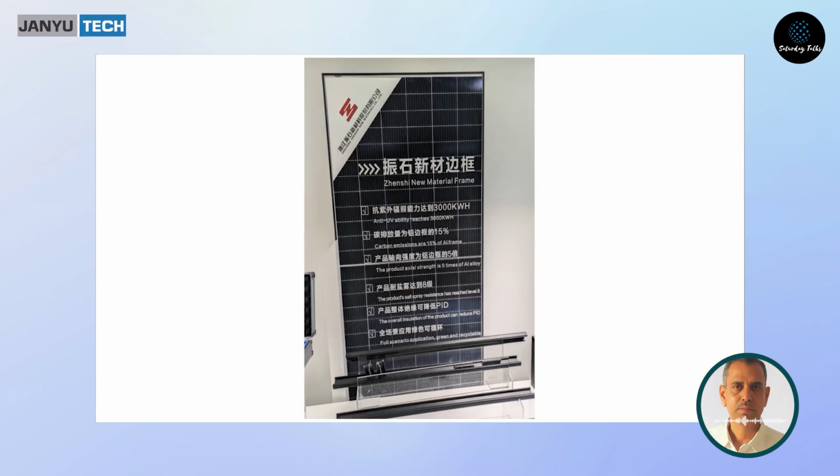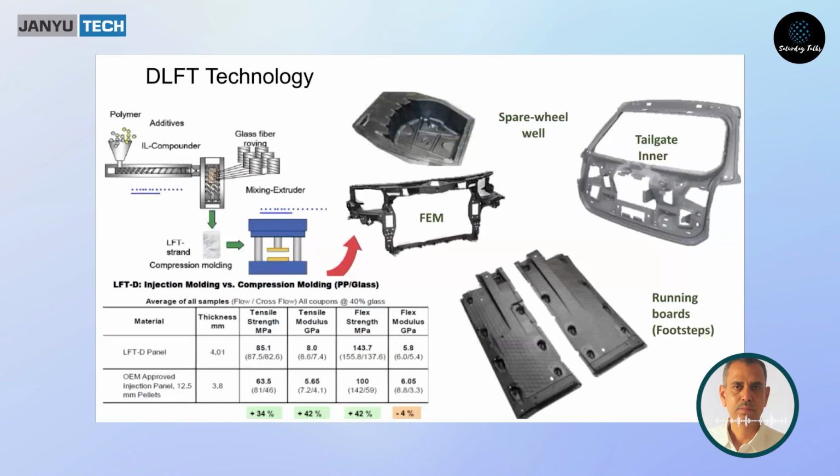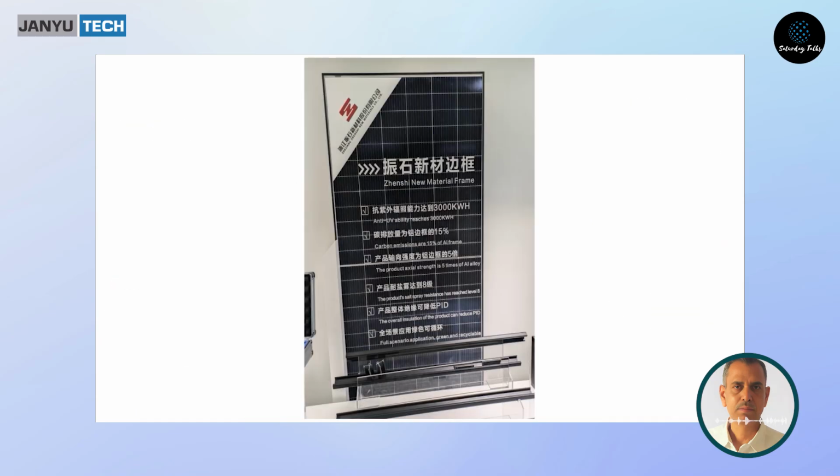Aluminum as such is a very high energy consuming material when we fabricate the part. Then the axial strength is 5 times that of the aluminum alloy. Salt spray level is nearly 8, and it gives very good potential induced damage resistance.